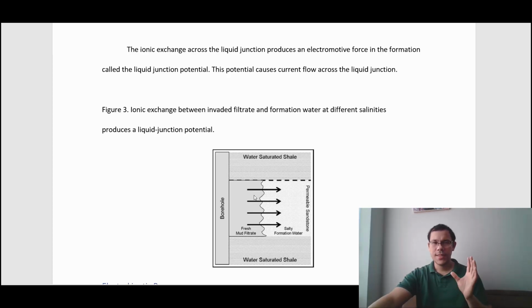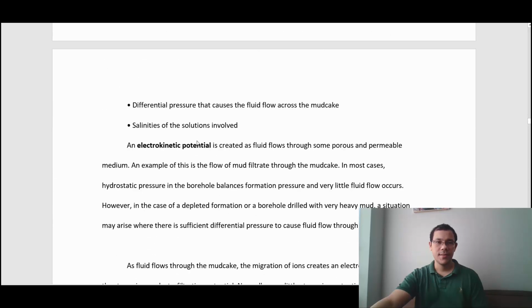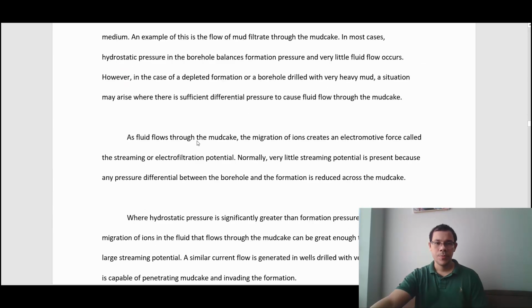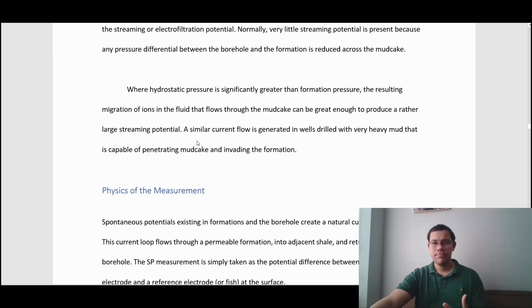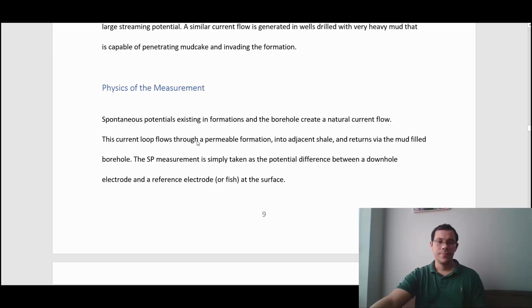Let's remember that when we say invasion, it is the process where the drilling fluids enter into the formation, and now they're mixing. Electrokinetic processes, that is the kinetic part of that event, also create small potential, but the greater contributor are the electrochemical processes.